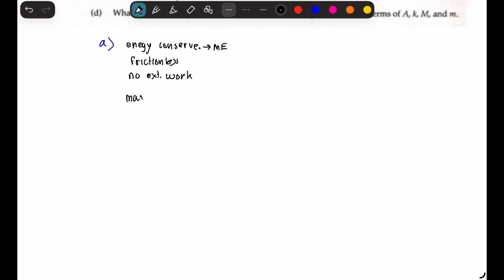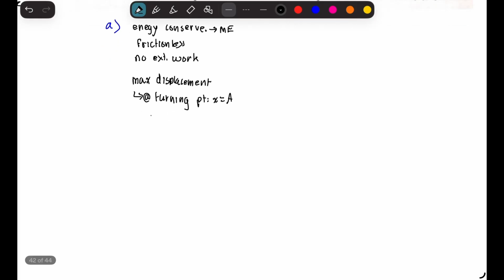At the maximum displacement, you're going to be at the turning point, and this turning point is going to be at your amplitude, x is equal to A. So your E is equal to 1/2 kA squared. At this point, all your energy is going to be spring potential energy, U_s.